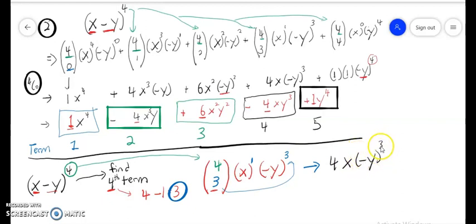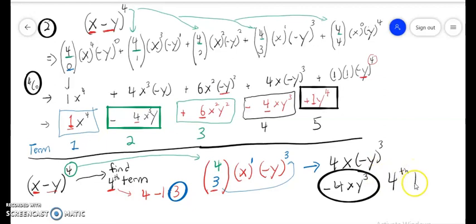Negative y cubed, you still have a negative y there. So negative 4 x y cubed. Okay, this is your fourth term.